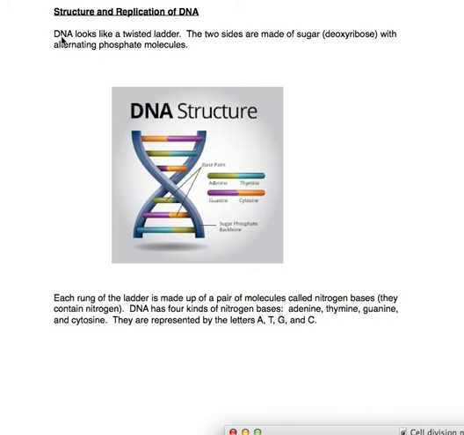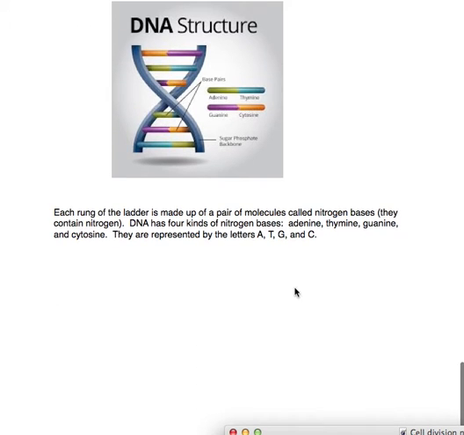So deoxyribonucleic. We already talked about the deoxyribo, which is the sugar. Nucleic has to do with these nitrogen bases.